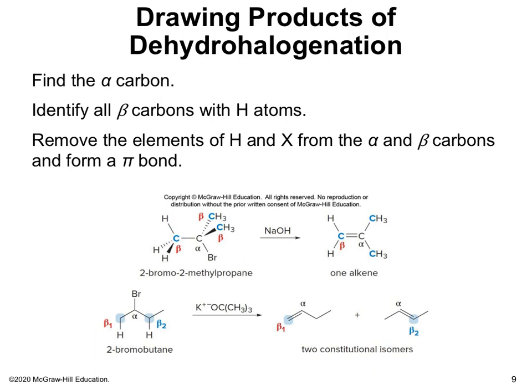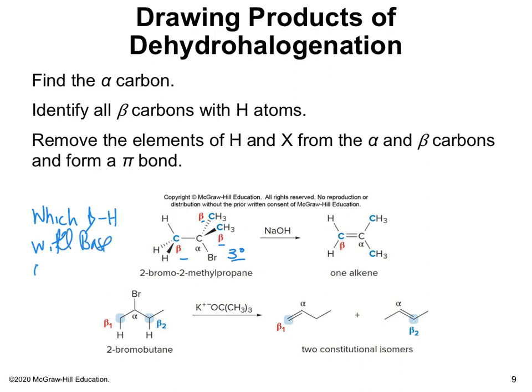Okay, so here, just label your alpha and beta. Here you see you have an alpha carbon, and now classify it. It is a tertiary, so that means you've got to label 3 betas. Now the question is, which beta hydrogen will the base choose?